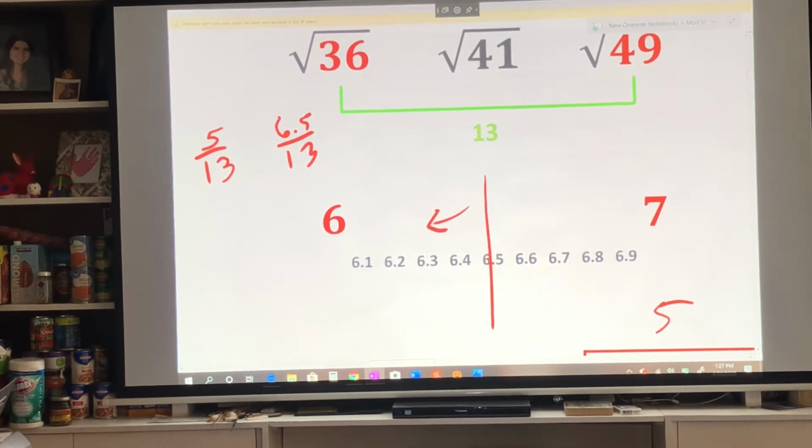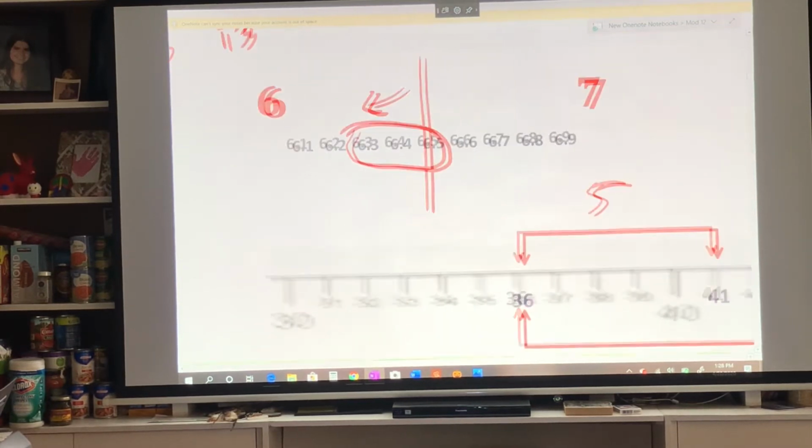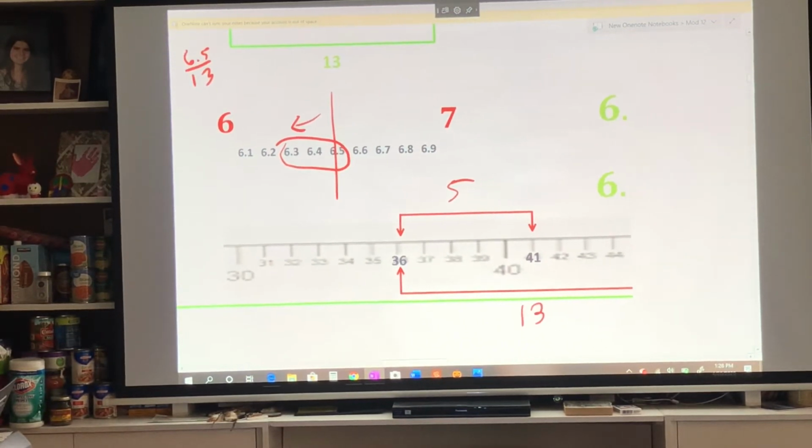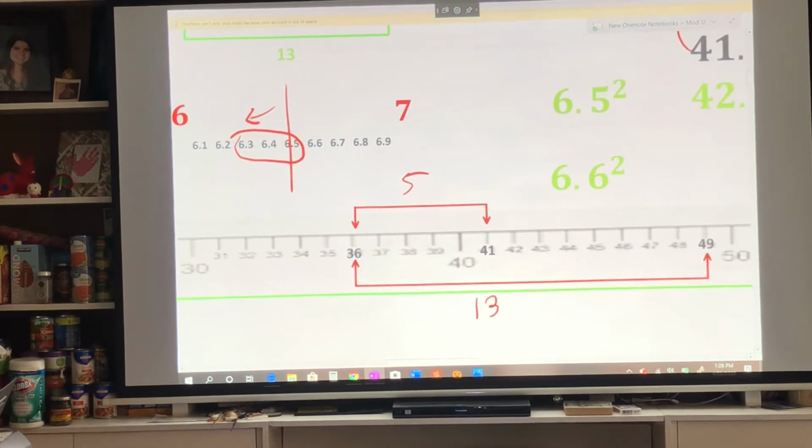Well, it's kind of close to half, so it's probably in this range here. So then you got to start squaring some stuff. Remember we did this? If I had a number line, it would look like this. From 36 to 49 is plus 13. From 36 to 41 is 5, so it's 5/13 of the way.